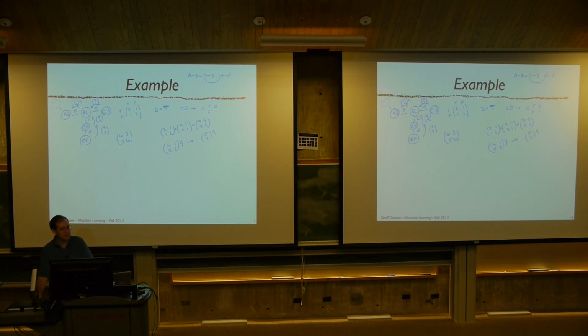And the interesting thing is I've already got that message because I passed all inward messages to the root. So what we have to do now is iterate over all children of the root, passing messages out in that direction, assuming that all of the messages coming in from the other directions are fixed. Now, in this particular example, there wasn't this node, and so there are no other incoming messages, so it's going to be particularly simple. But I just wanted to point out that there was that possible computation.